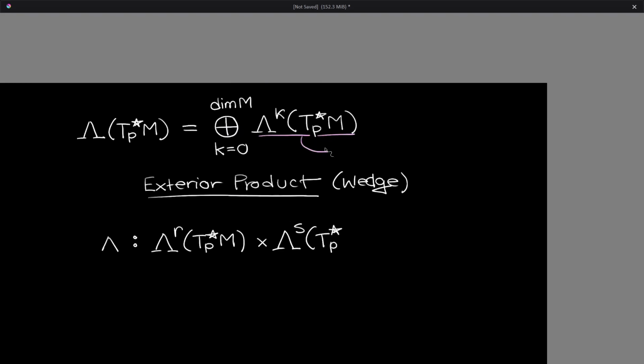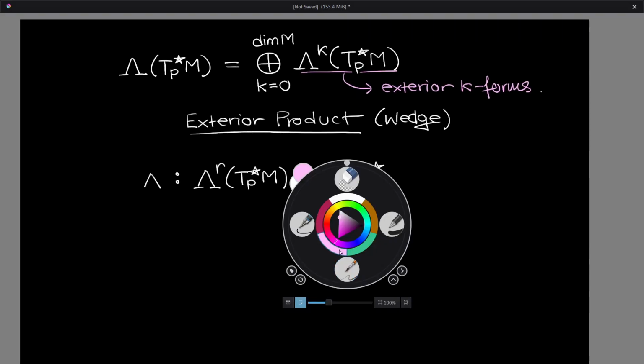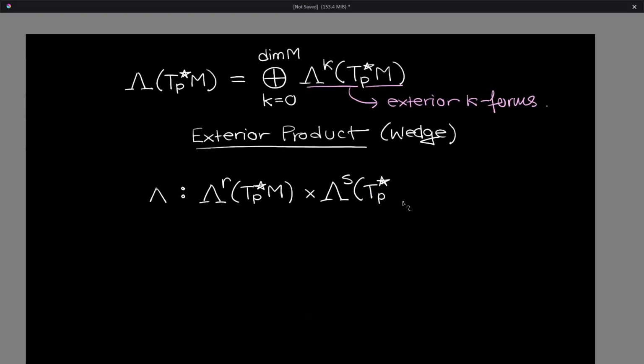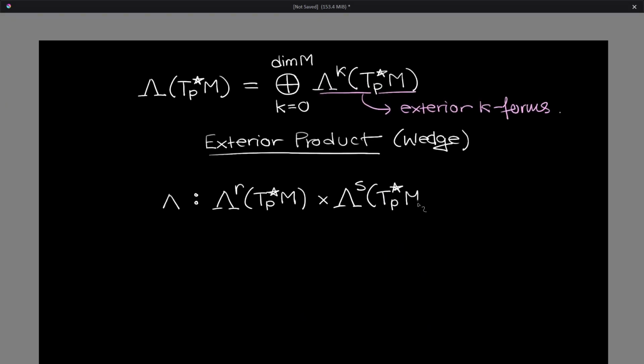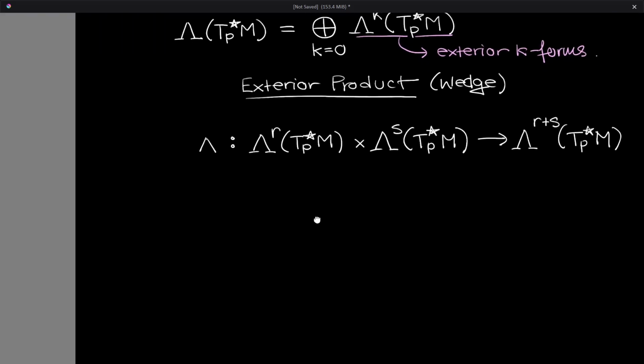The elements of these are called exterior K forms, right? So we have an exterior R form and an exterior S form. And that is going to give us an exterior R plus S form. That's a map that we are going to have to define.